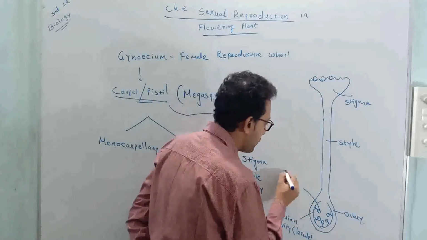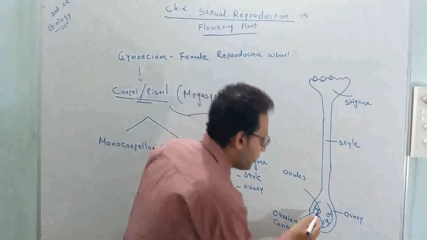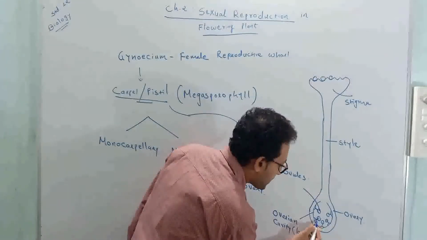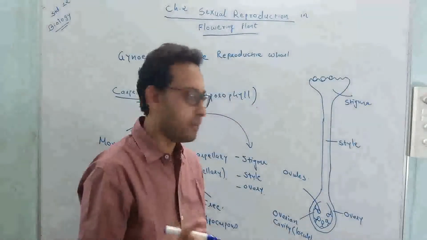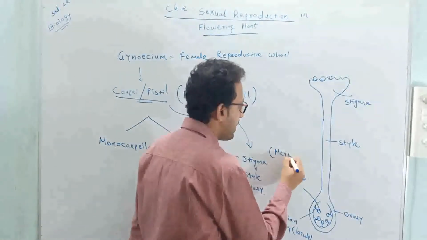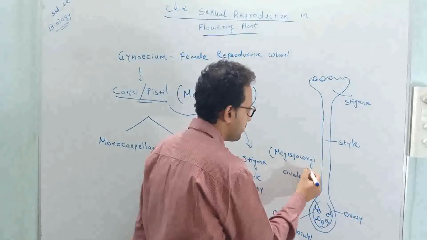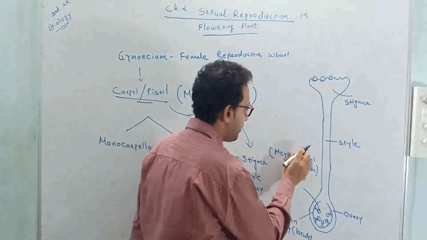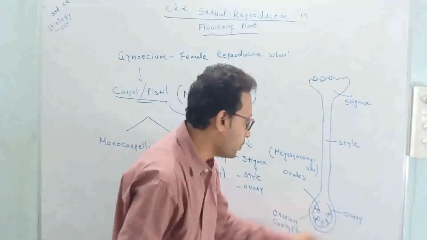So these are the ovules. An ovule is attached to a placenta by a stalk that we will discuss. This ovule can also be called a megasporangium. What's another name of this ovule? It's called a megasporangium.